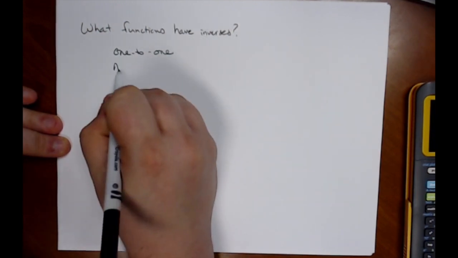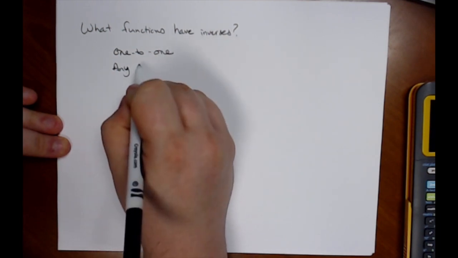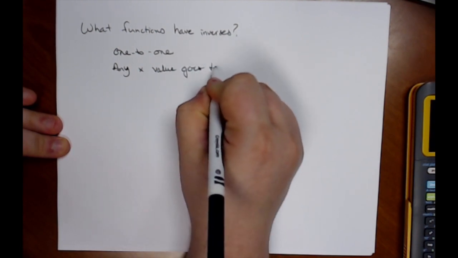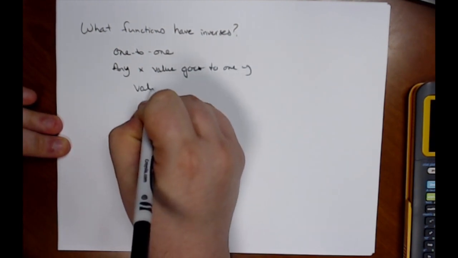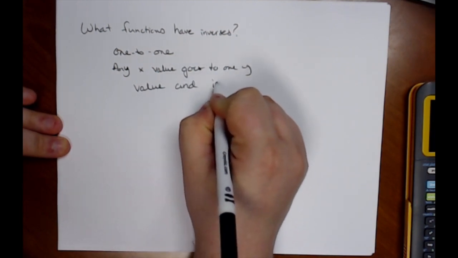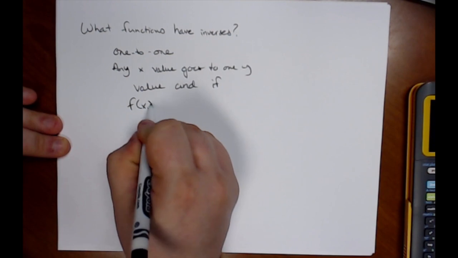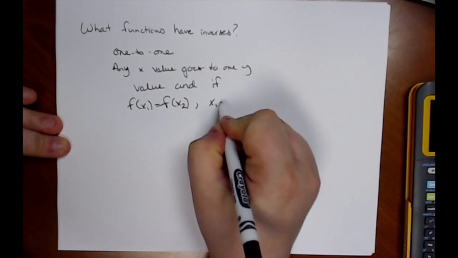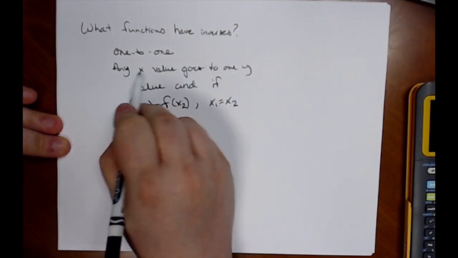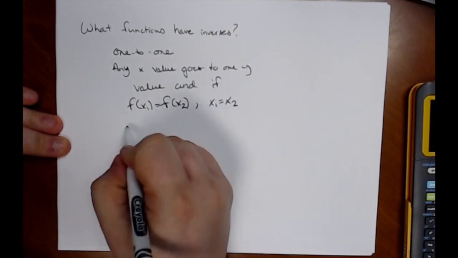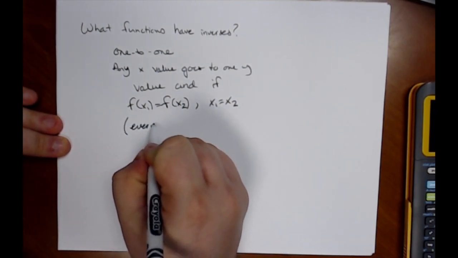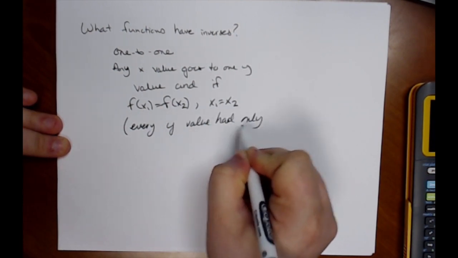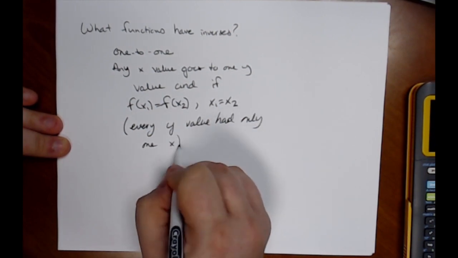That means any x value goes to one y value, and if our function at x1 was equal to our function at x2, those had to be the same point, right? So any x value got one y value, and in other words, every y value had only one x that produced it.